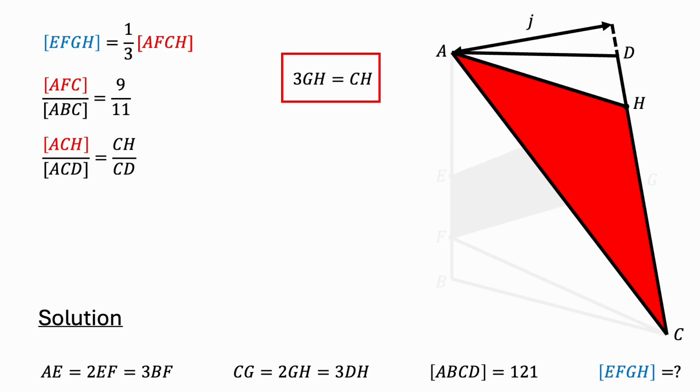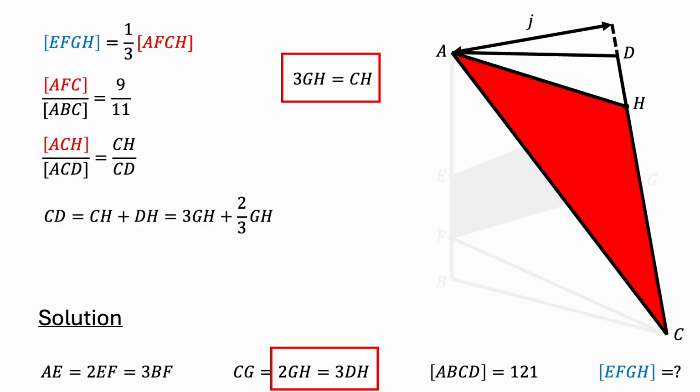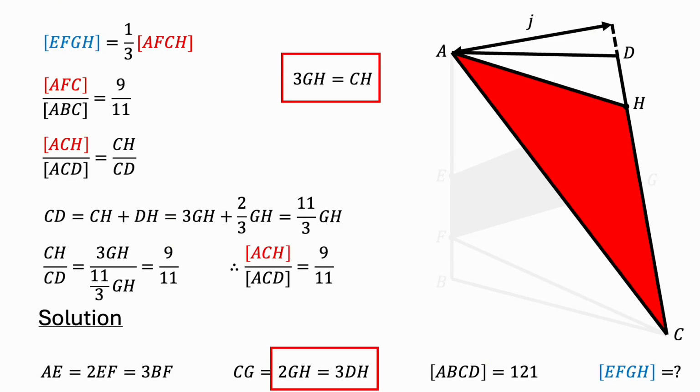Since 3GH equals CH and 2GH equals 3DH, we get CD equals CH plus DH, which equals 3GH plus 2 over 3 GH, which in turn equals 11 over 3 GH. Thus, CH over CD equals 3GH over 11 over 3 GH, which equals 9 over 11. Therefore, area of ACH over area of ACD equals 9 over 11.